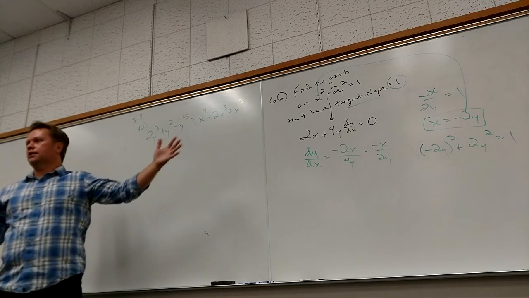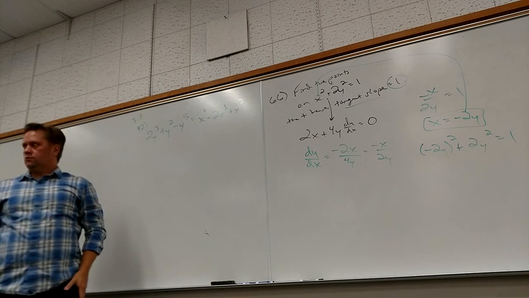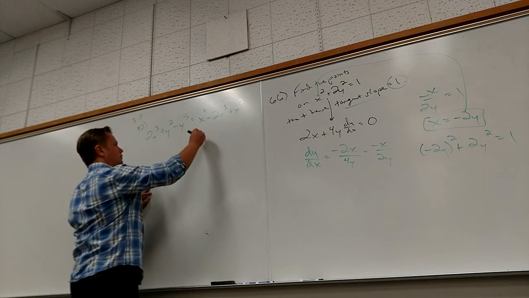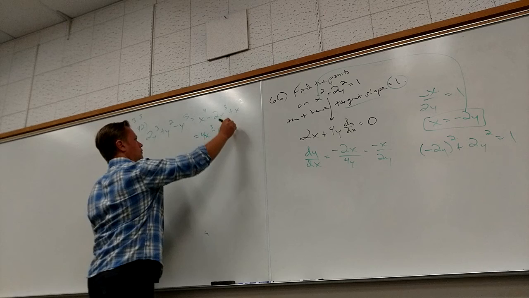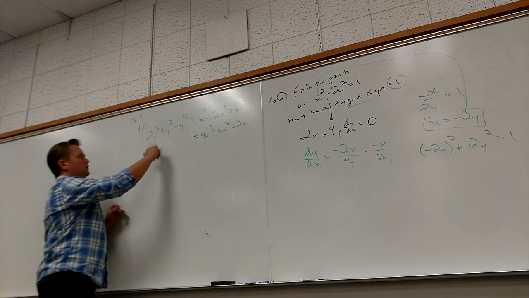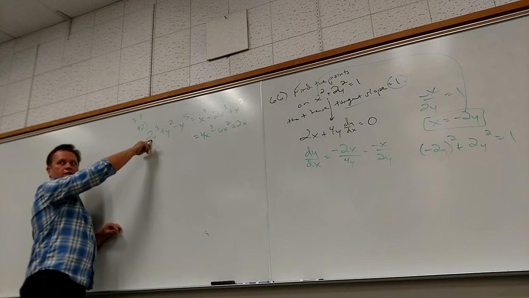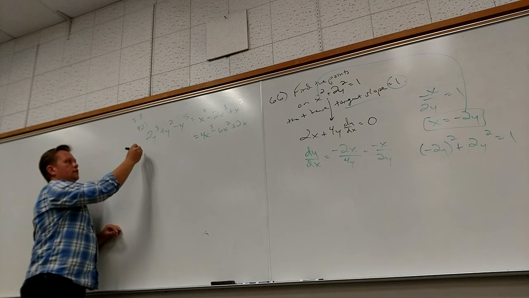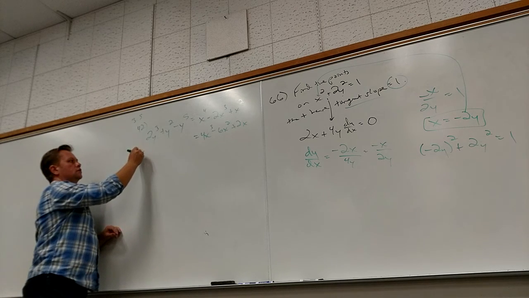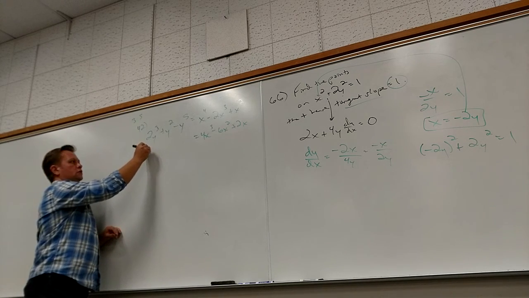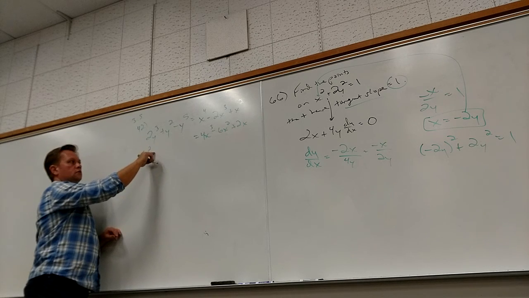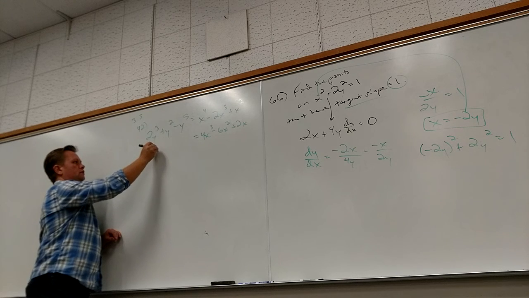It's already going to be all together for you. I'll do this side. What happens on this side? Say again, sorry? 6y squared. Yes.